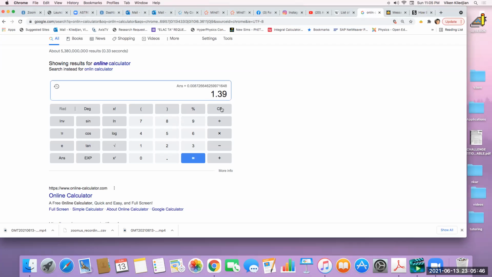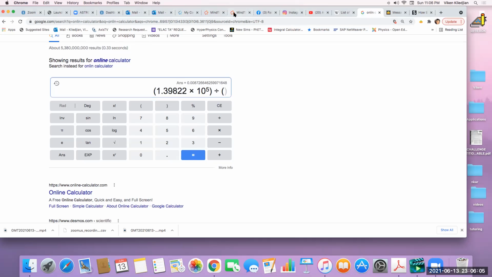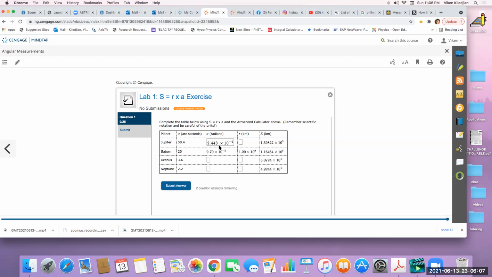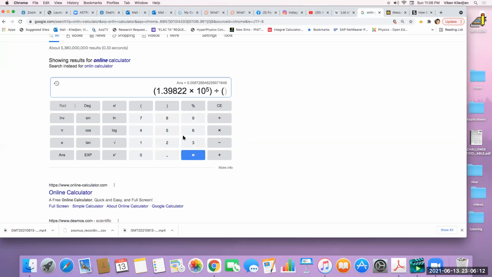Go to the calculator. Let's put it in parentheses: 1.39822 times 10 to the power 5, divided by, okay, and then the radians that we got was what? 2.443 times 10 to the power negative 4.